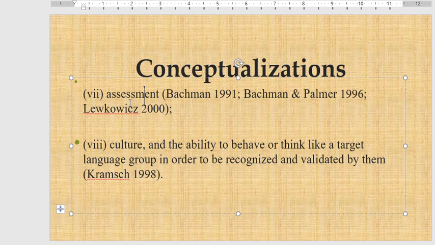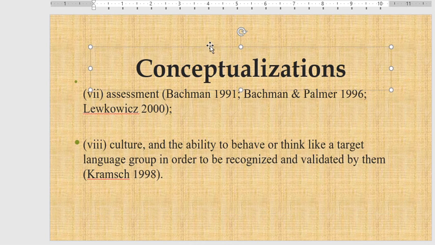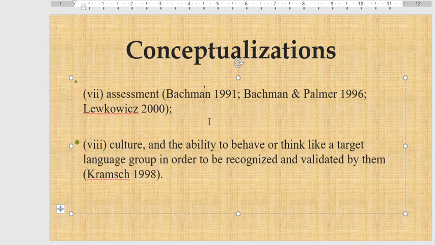Next one: culture and the ability to behave or think like a target language group in order to be recognized and validated by them. This one refers to culture, lifestyle, behavior, and the ability to behave or think like the target language group. You have always heard that if you're learning English, you should think like native speakers and behave like native speakers.